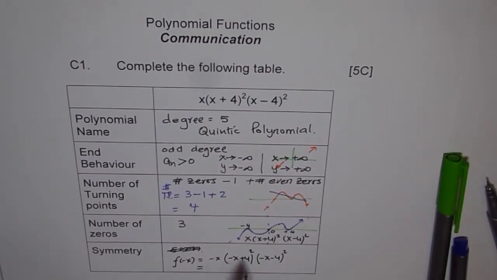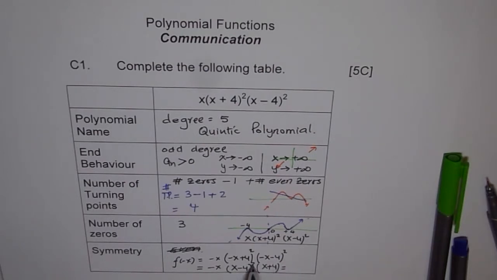Now, when you do square of this, you can think like this. Take minus common. When you take minus common, you get x minus 4 here, right? And the square of minus will be plus, and you get x minus 4 here. Is it okay? Once you take minus common here, you get x plus 4 there, correct? x plus 4, and the minus becomes positive, so you get x plus 4 here.